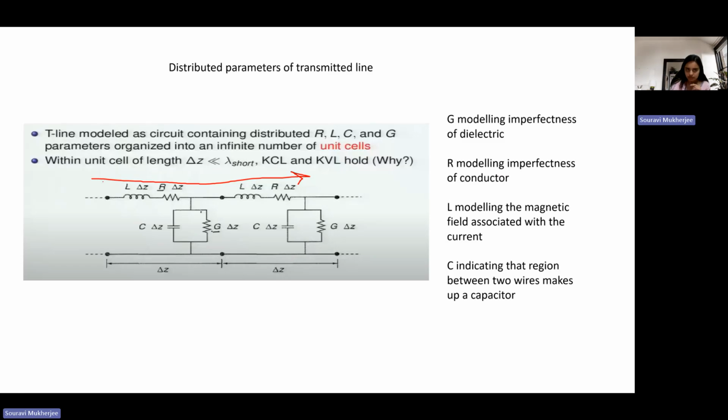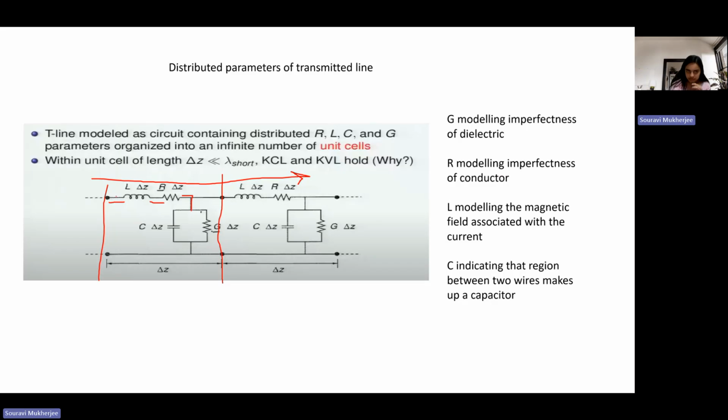We are breaking it into small sections. Now, if you just look at this section, which is your unit cell, when your signal moves from this point to this point, we will consider that there is no change. Similarly, when the signal transmits from this point to this point, we'll consider that the signal remains the same, right?